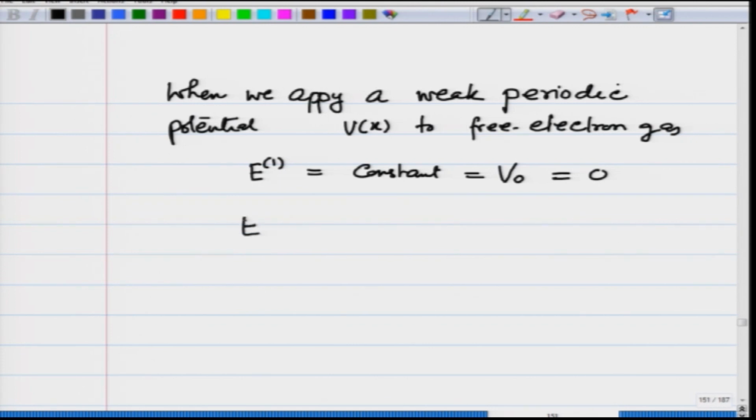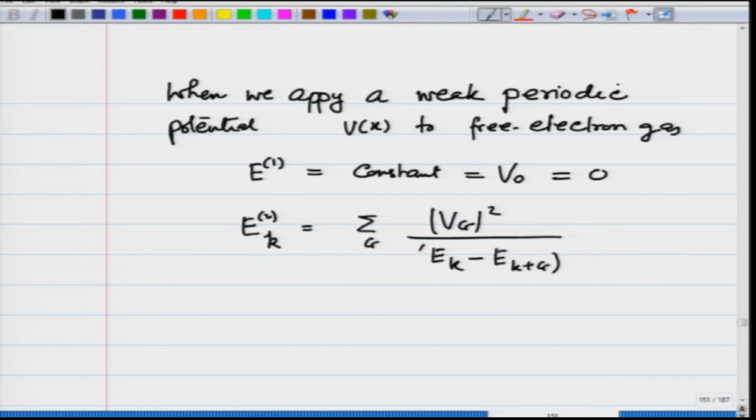E 2 comes out to be the summation over g of V g square over E k, this is the energy for the kth level, minus E k plus g, and we are going to see its repercussions in the next lecture.